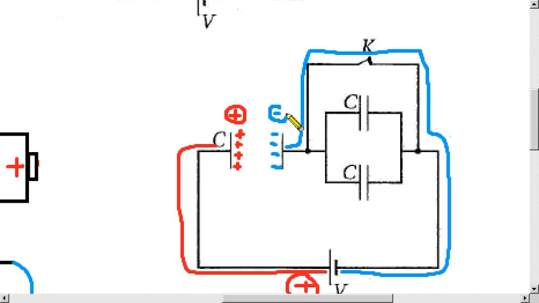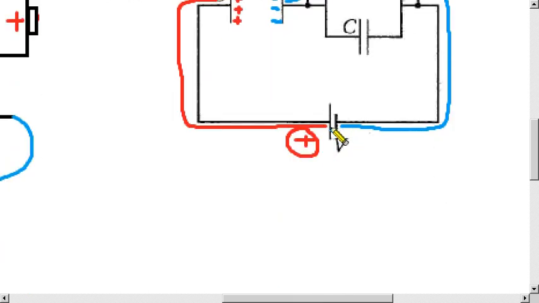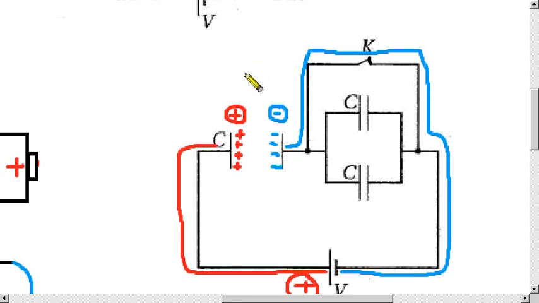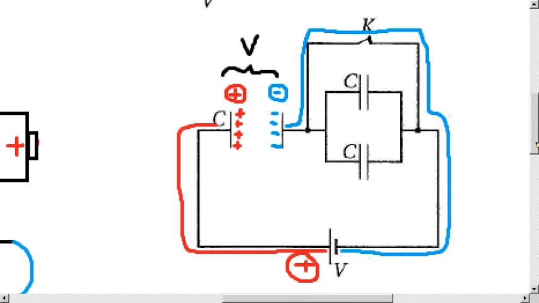So this condenser gets charged to our V voltage, because there is no drop along this line, and also there is no voltage drop along this line because no components are connected on either side. So the total V voltage is being supplied to this condenser, and so it is charged up to volt V.